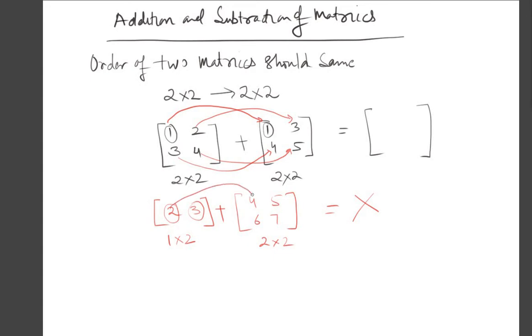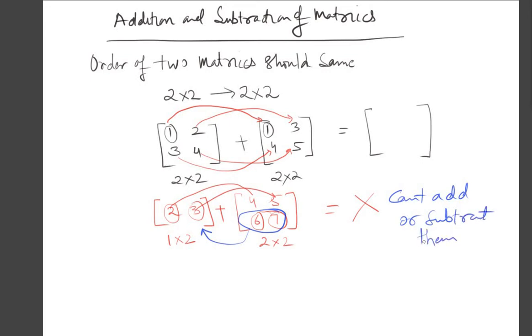I can add 2 to 4, I can add 3 to 5, but I have elements missing out here. So these elements have no corresponding elements back here. And that is why I can't add or subtract them. Got my point?